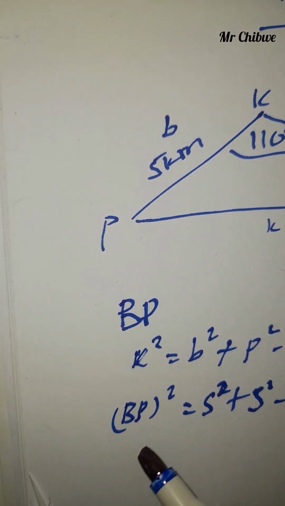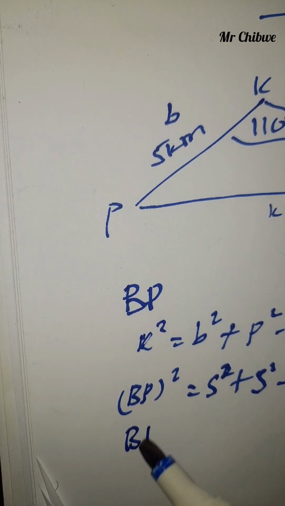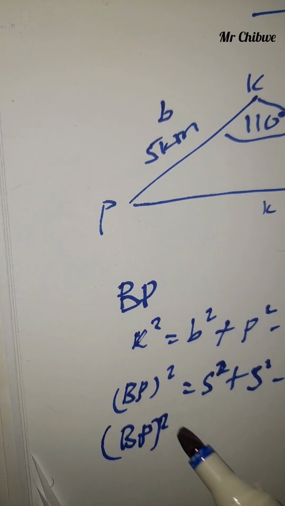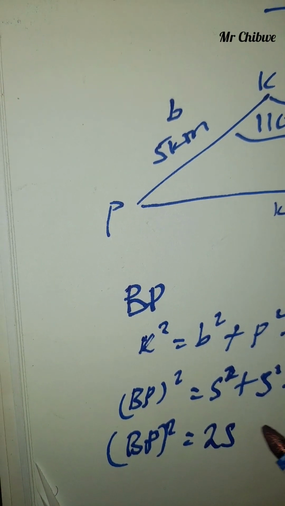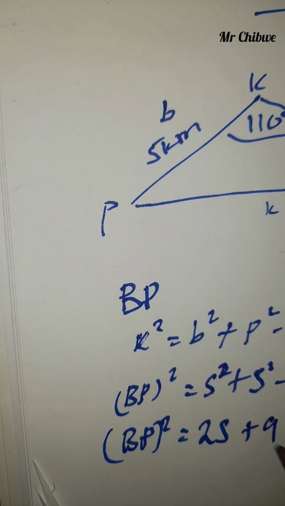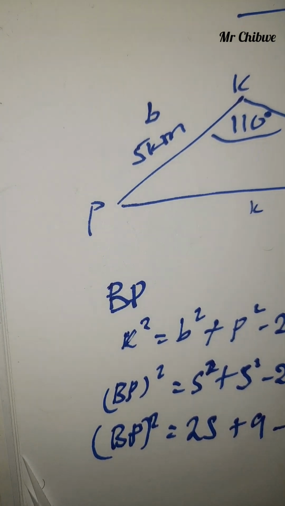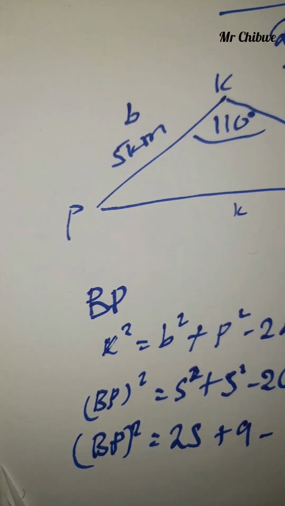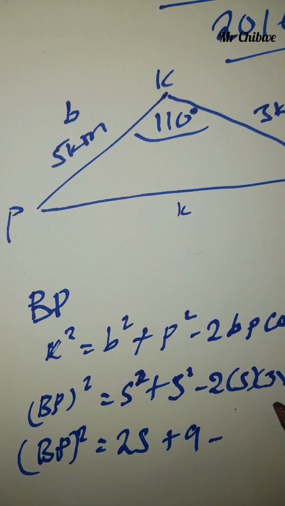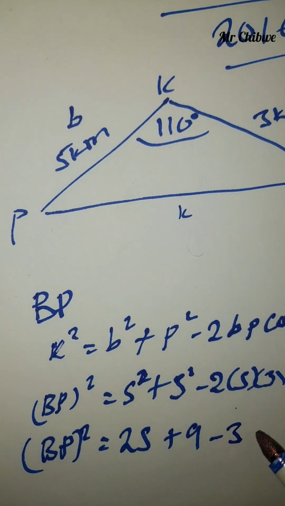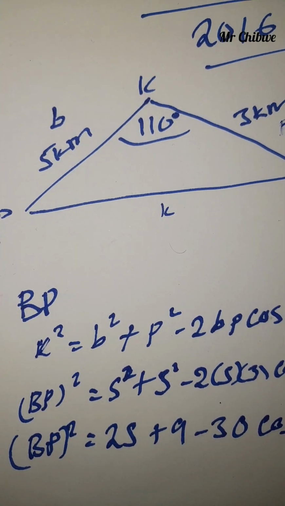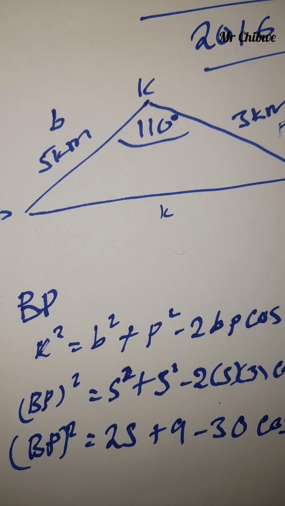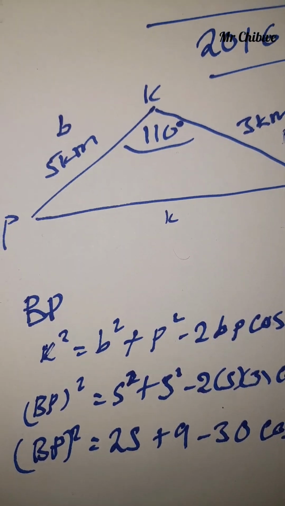So BP squared is equal to 5 squared is 25, 3 squared is 9, 2 times 5 is 10, 10 times 3, so here we have 30 cos 110 degrees.